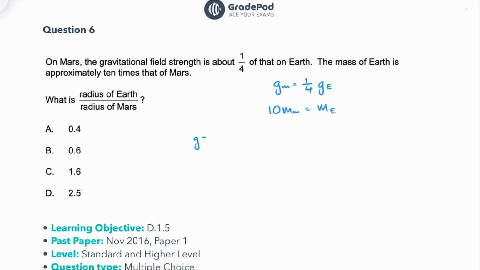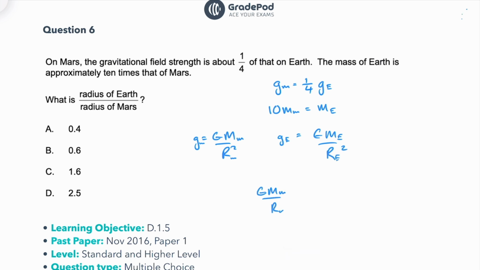Well, what we do know to bring radius into this is that g equals GM over r squared. So that means the gravitational field strength on Mars is equal to G times the mass of Mars divided by the radius squared of Mars. Equally, we can say that gE is equal to G mE over rE squared.